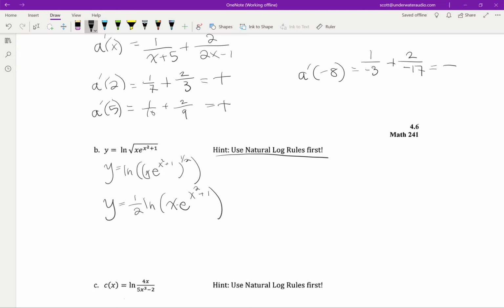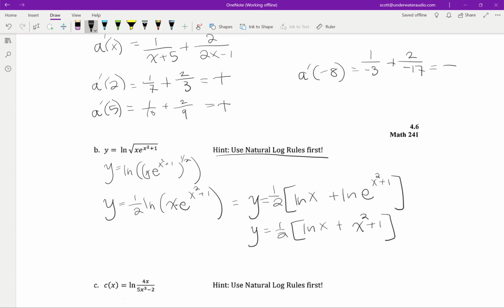Since this is multiplying, we could use that rule we found before: y equals 1/2 times the natural log of x plus the natural log of e to the x squared plus 1. Ooh, which is nice because we now know natural log and e cancel. So this is even simpler, really. 1/2 times the natural log of x plus x squared plus 1.